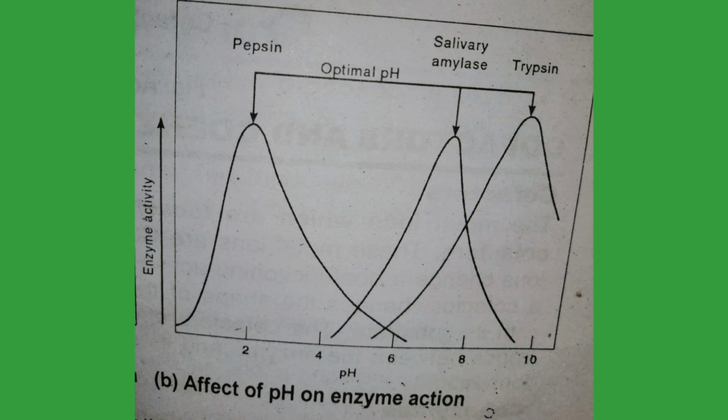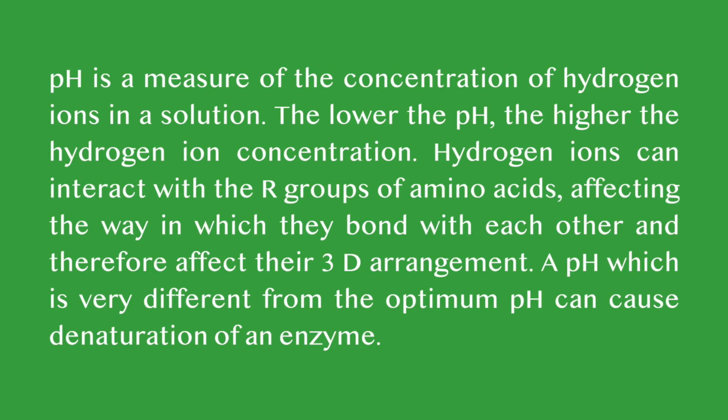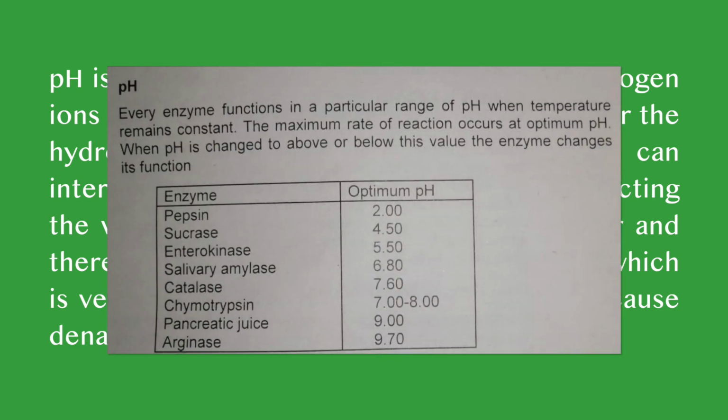There is a graphic representation showing that different enzymes have different pH. The illustration shows the pH of pepsin, salivary amylase, and trypsin. There is another chart that shows the different pH of different enzymes, for example pepsin, sucrase, enterokinase, salivary amylase, catalase, chymotrypsin, pancreatic juice, and arginase.